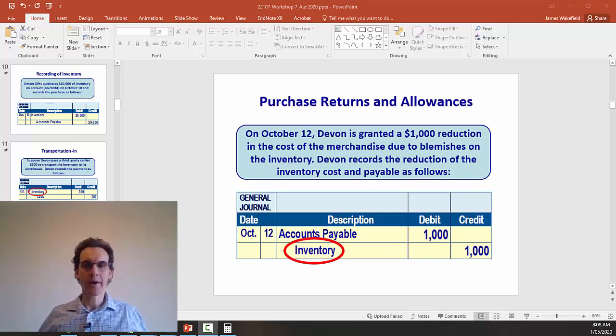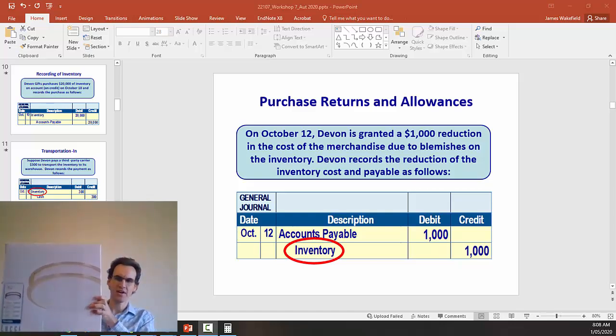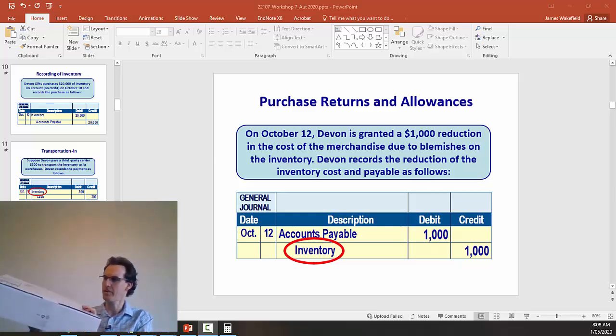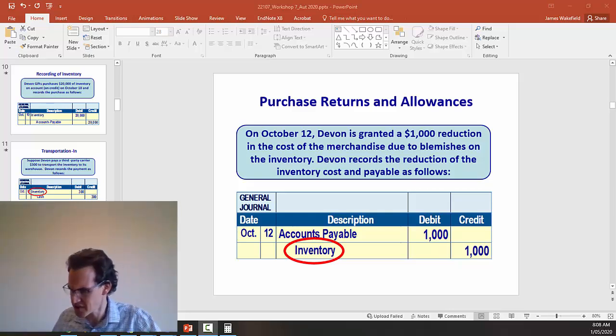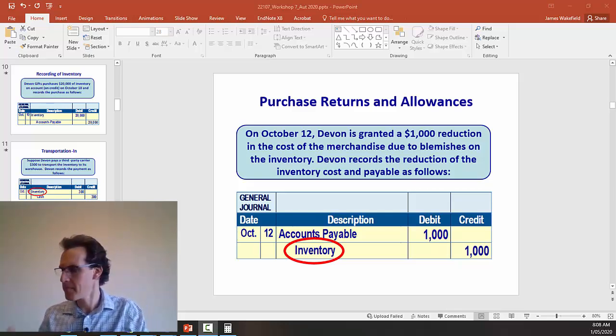So for example, yesterday I went to Beacon Lighting to return this, which is a ceiling light that we are using as part of our renovations. And when the electrician was installing some of these for us, they found that one of these was bent on the base, and so I took it back and exchanged it for the one I just showed you.